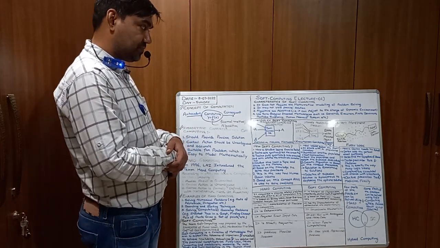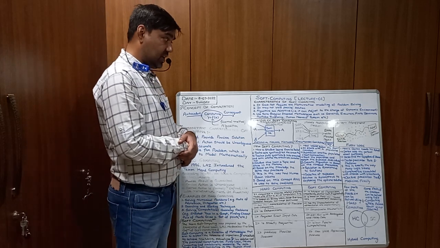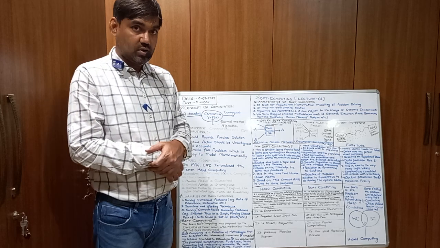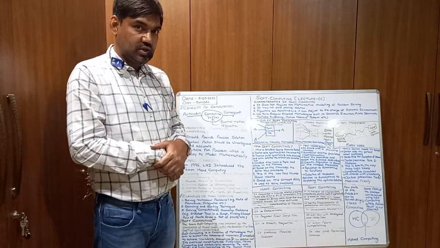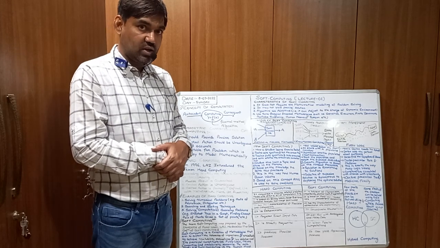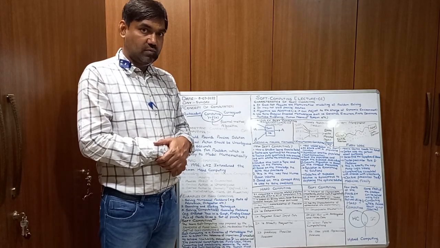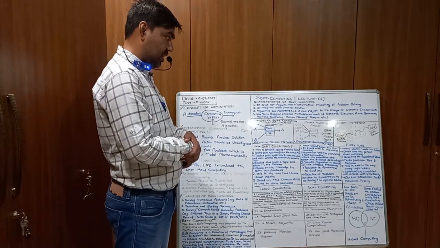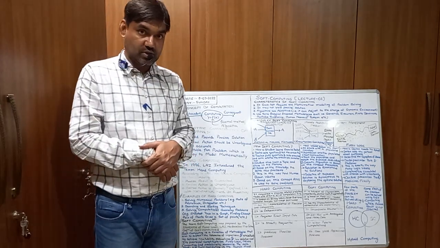The first one is that it does not require any mathematical modeling of problem solving. In the other case, yes, you require an algorithm and mathematical modeling. But here, you may not require it. Second, it may not yield a precise solution.